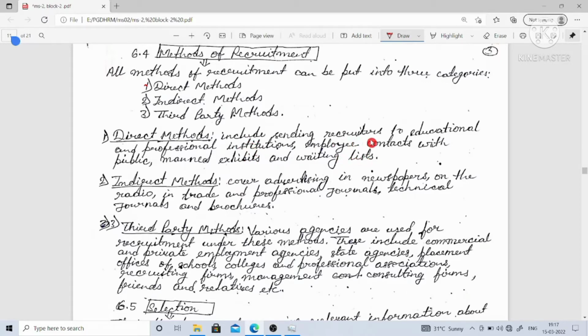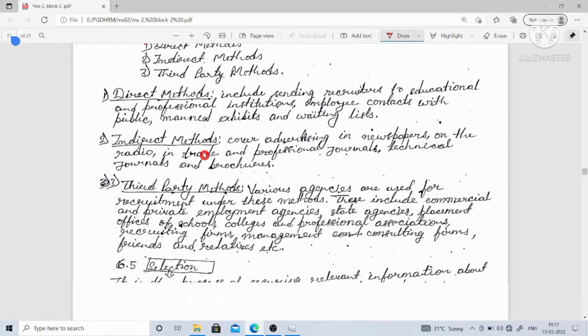You can see here sending recruiters to educational and professional institutions. So here recruiters directly go into educational and professional institutions to recruit people from those places.